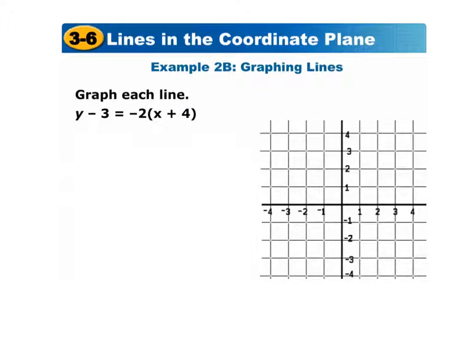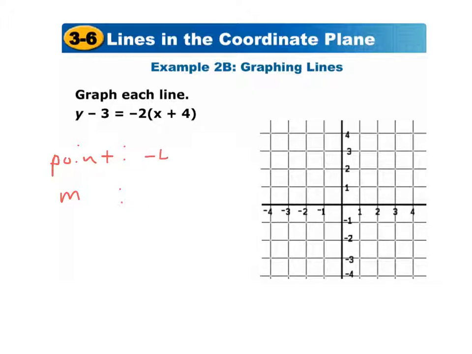So now we have point slope form. So we have a point and our slope. So what's the point that we have here? (-4, -3).